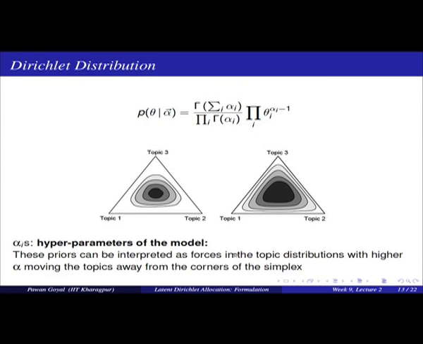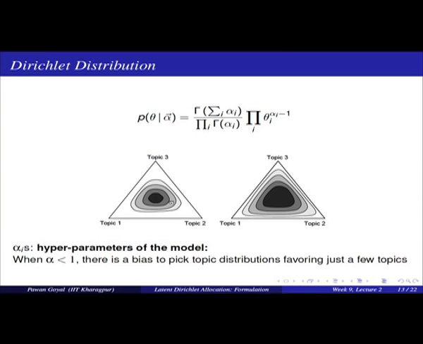You can also think of them as some forces, and a higher alpha will move the topics away from the corner of the simplex. So you are seeing two different simplexes, one where the topics are moved away from the corners, and here you are going towards the corners, because of different values of alpha, and we will come back to this again.